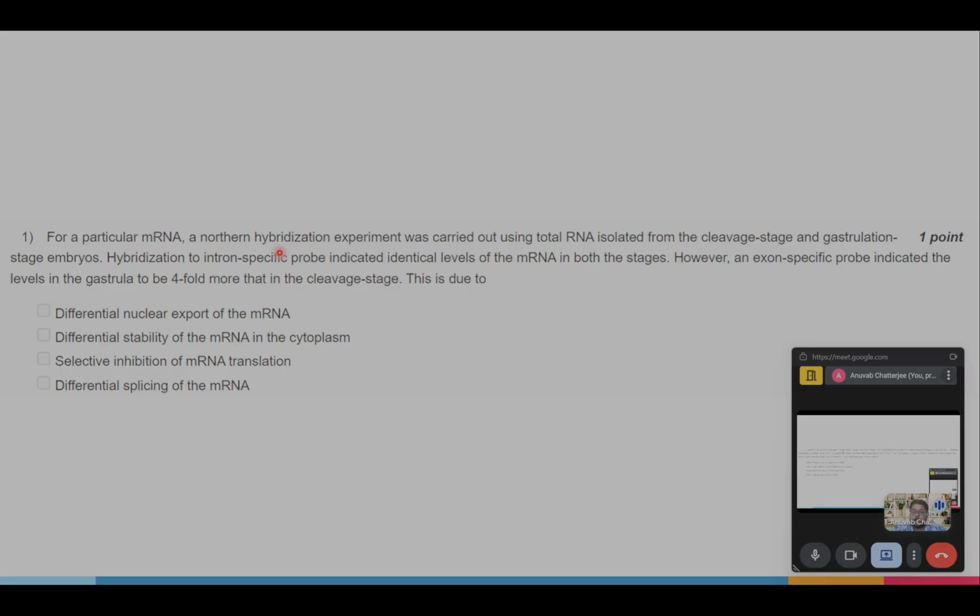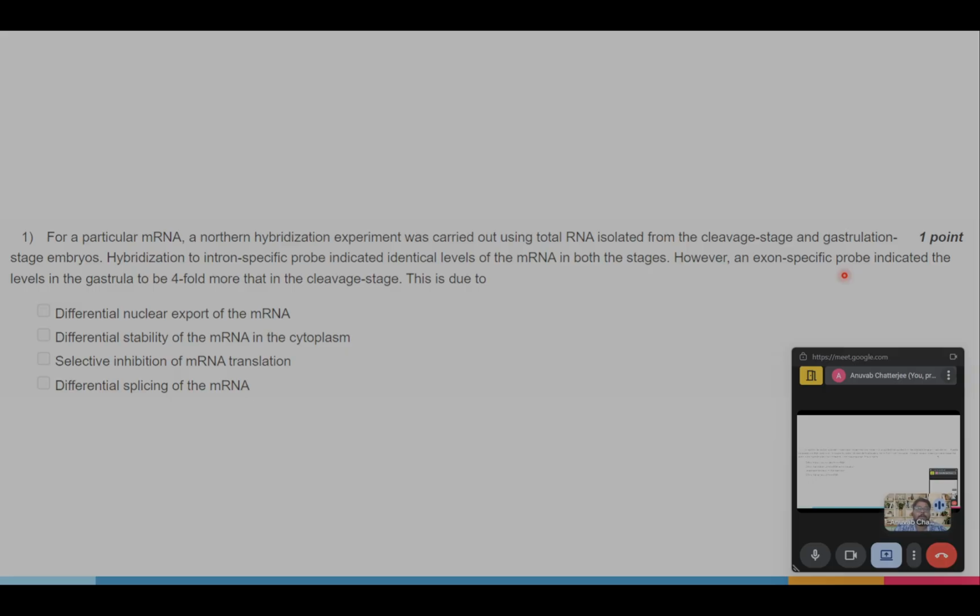So to just clarify here, when we say it is an intron specific probe, that is obviously going to be in the case of nuclear RNA, which has not yet been completely processed to a mature mRNA, and an exon specific probe can span the exon junctions. So whenever the splicing has occurred, only the exon specific probe will detect those mRNAs.